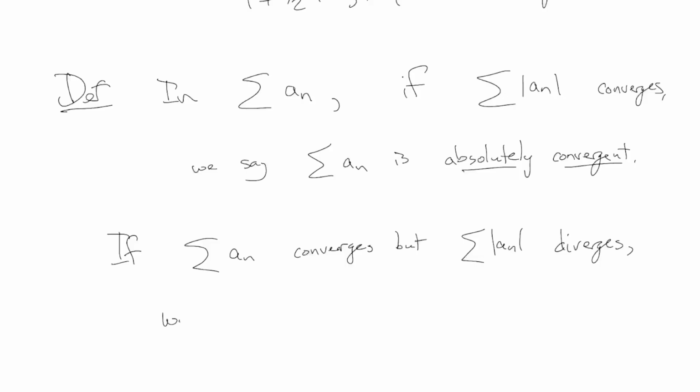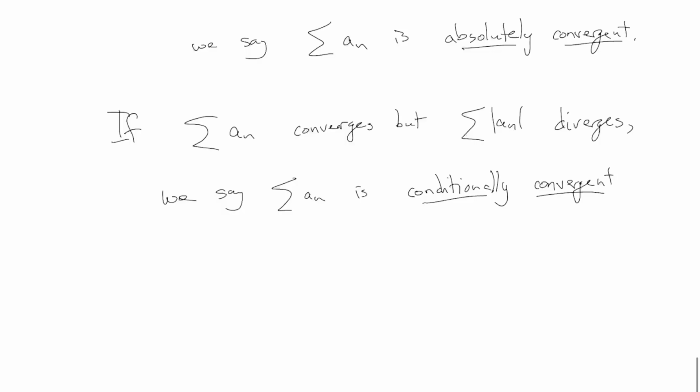So in that case, we say the sum of a_n is conditionally convergent. Conditionally means, okay, yes, it converges, but only without the absolute values. That's what it means to be conditionally convergent.